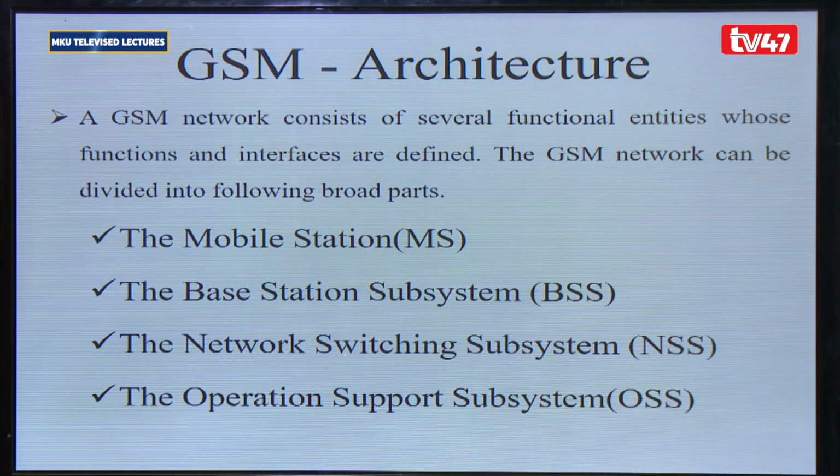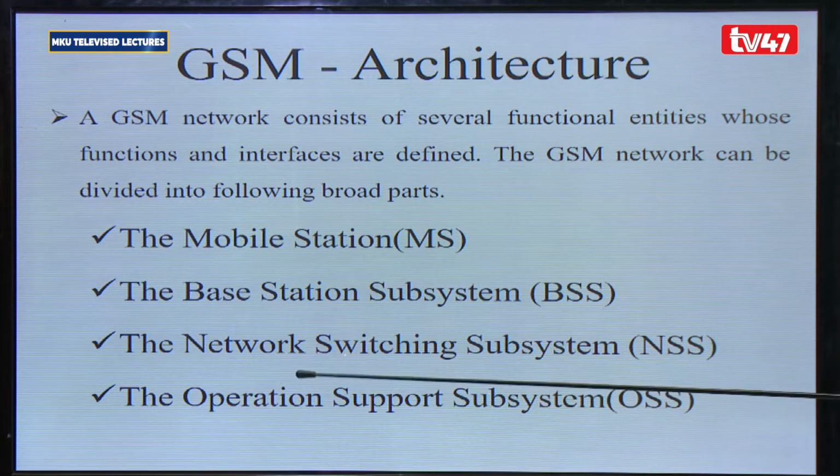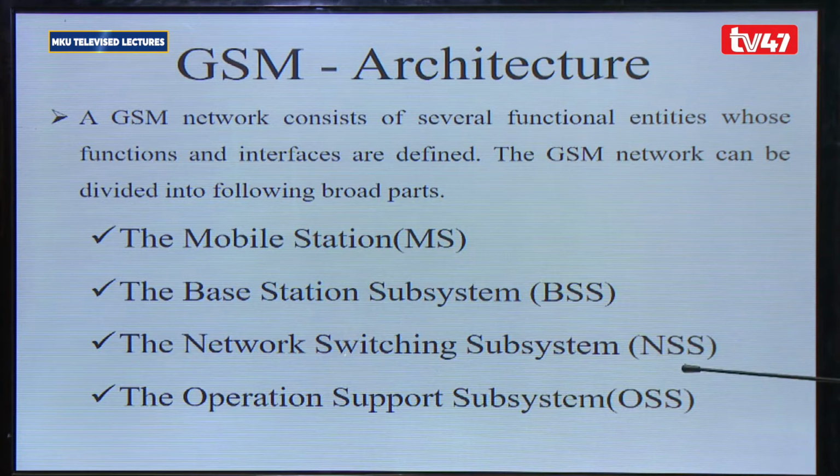The GSM architecture consists of several functional entities. That is the mobile station, the base station subsystem, the network switching system, and the operation support system. Remember, these are just the main things. We have other subsystems that are available in the architecture.